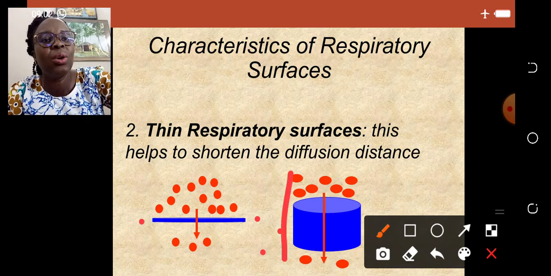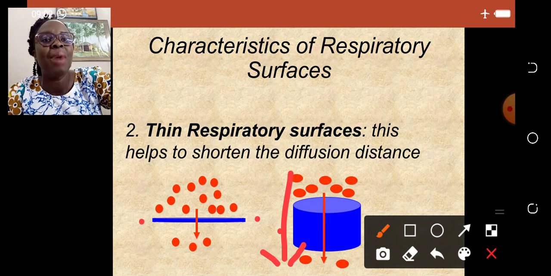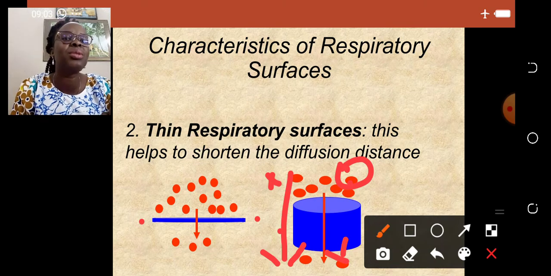It's going to take a longer time for movement to occur, because diffusion is the movement of molecules from higher concentration to lower concentration. So it's going to take a longer time for these molecules to move from this point to this point.